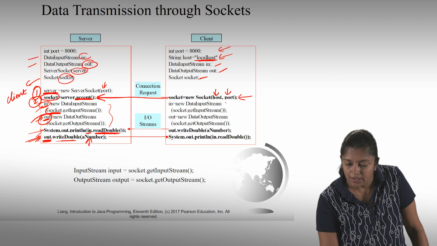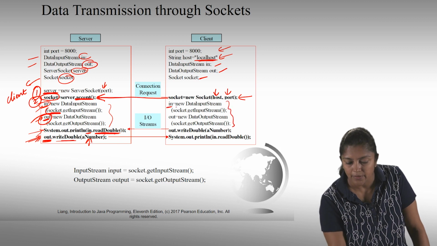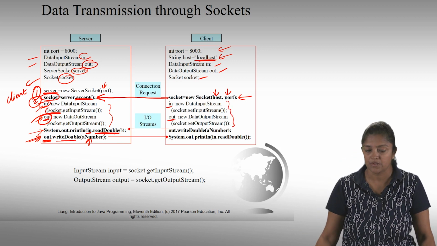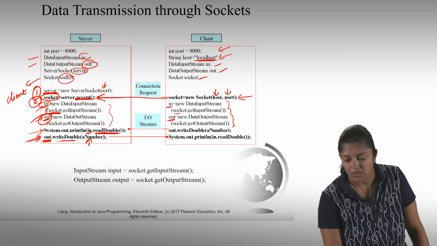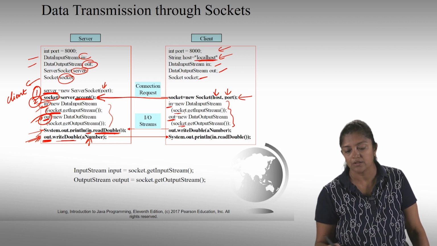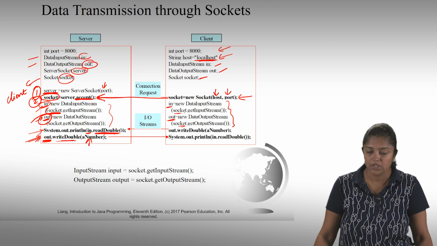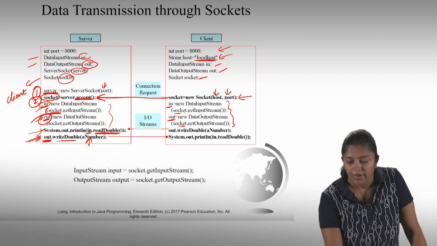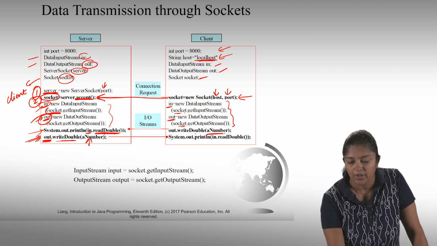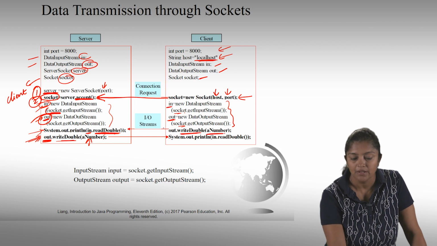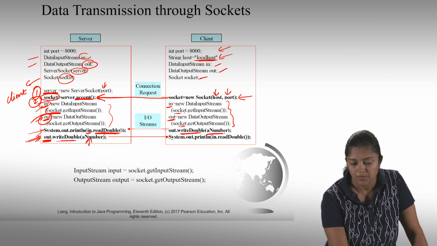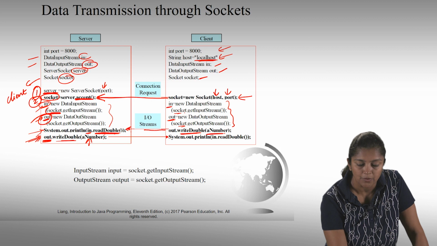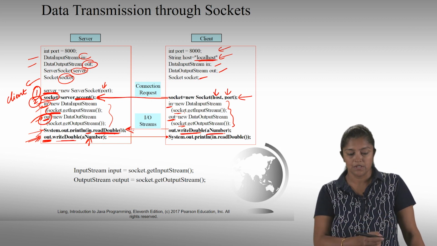On this side, the client also sets up its input and output streams. The same thing, it has to use the socket and socket.getInputStream and getOutputStream. Once it has that, it can send a number by using the writeDouble method onto the stream. So that sends the value to the other side, to the server side.